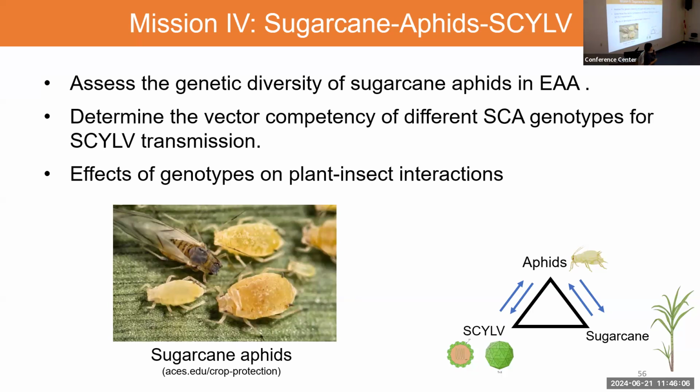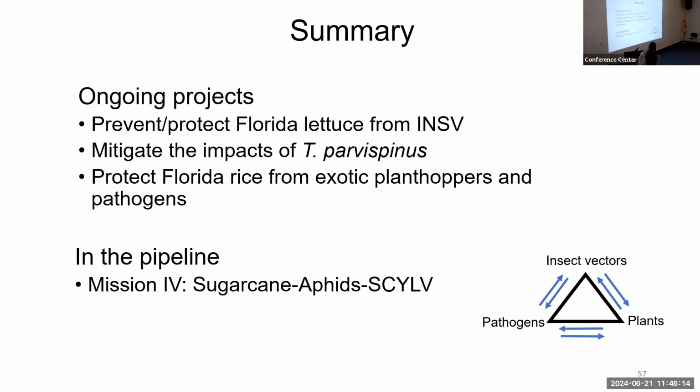And this will be the major project for my PhD student who is coming in this fall, so please stay tuned. For the summary, we presented our ongoing projects: preventing and protecting Florida lettuce from INSV outbreaks and mitigating the impacts of a new invasive thrips, Thrips parvispinus.